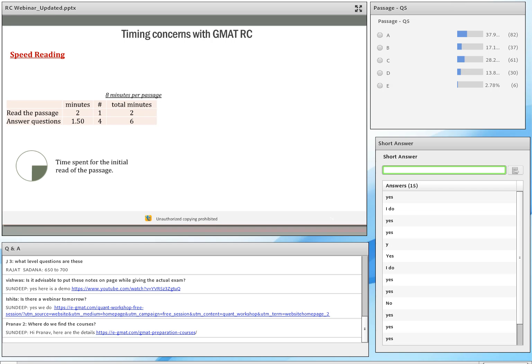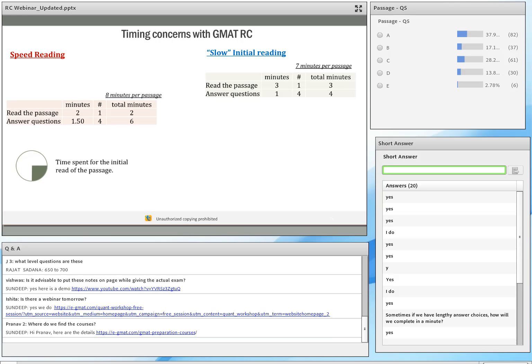The way you should think is: read slowly initially. Why? Because if you don't read slowly initially, there is no way you can understand these nuances. If you can't understand these nuances, there is no way you're going to be able to answer questions correctly. For most passages, you're going to spend 3 minutes reading the passage and a minute answering questions.